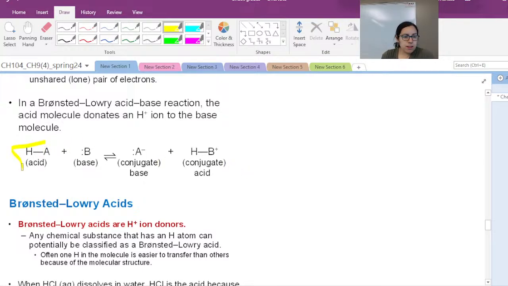Our initial acid species, HA, is shown here. Then we react it with our base, and we form our deprotonated conjugate base. So the acid loses a proton, becomes our base, and then we make our new conjugate acid.